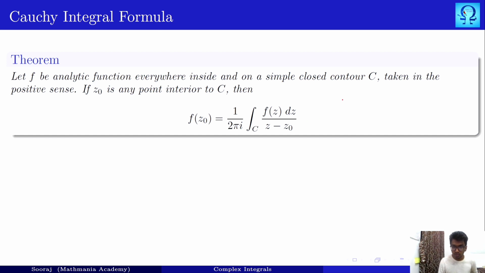Okay, so when you treat f of z upon z minus z0 as your whole function, this function is not analytic at all points because it has a singularity at z0. So if it is so, then how are we going to integrate this integral?